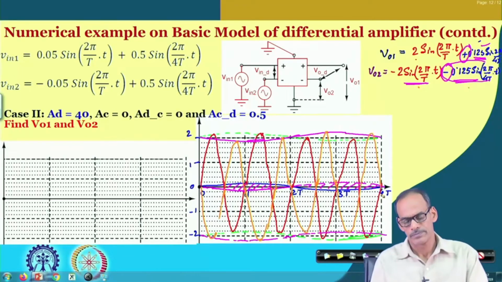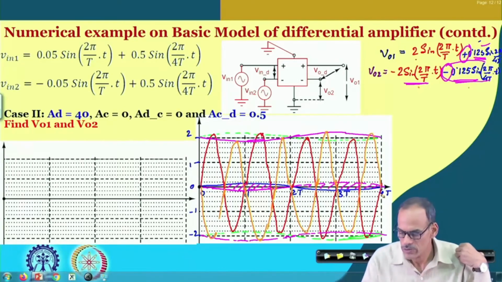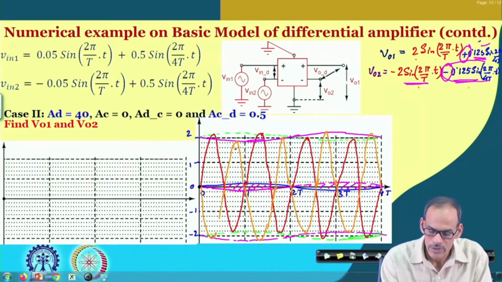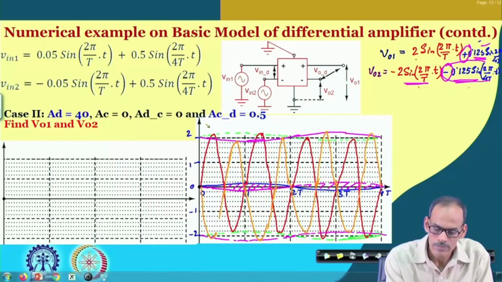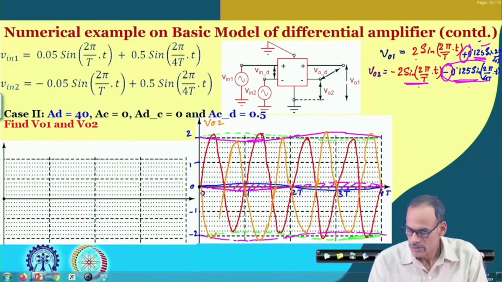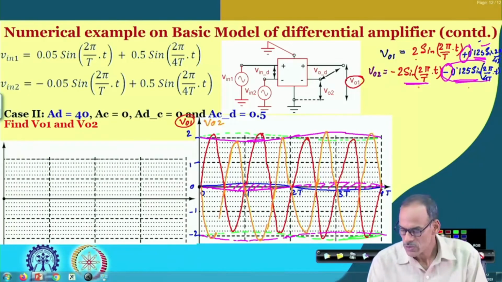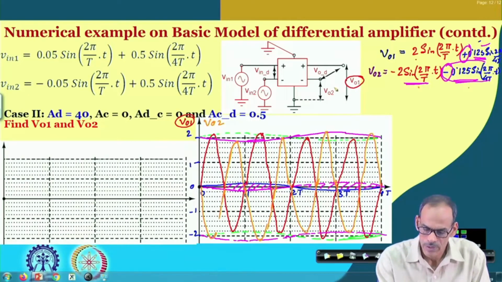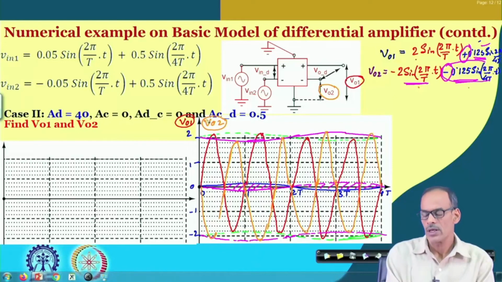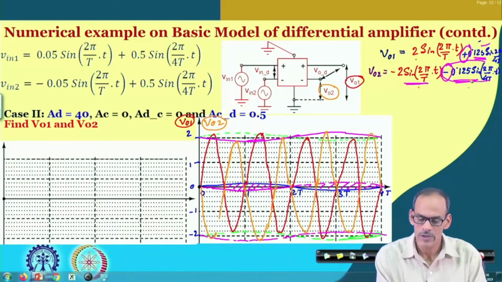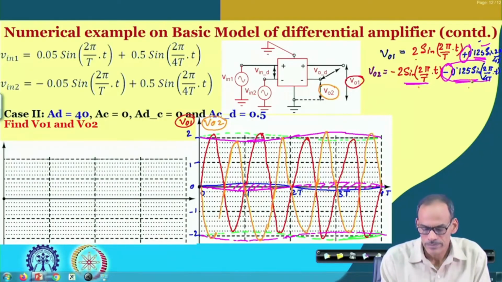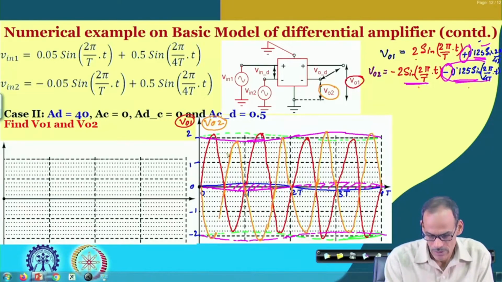What we would like to say is that if you observe carefully, the orange signal, which is VO2, and the red one, VO1, are getting affected by this unwanted signal.